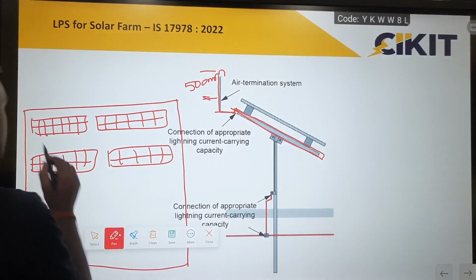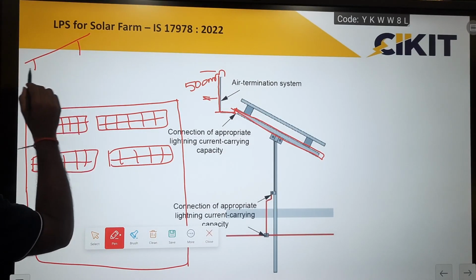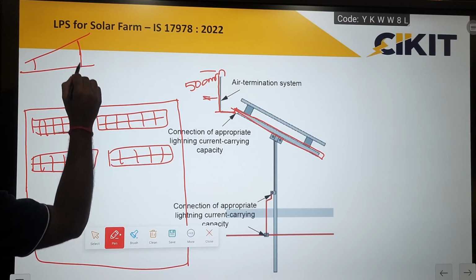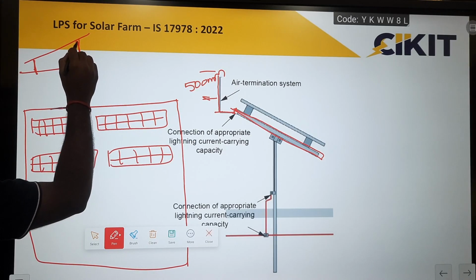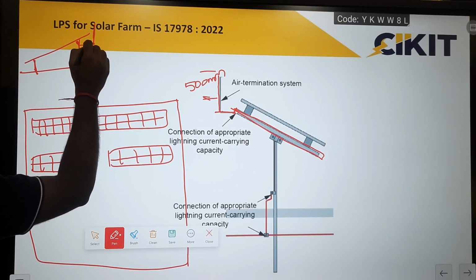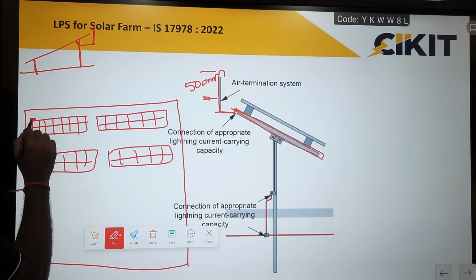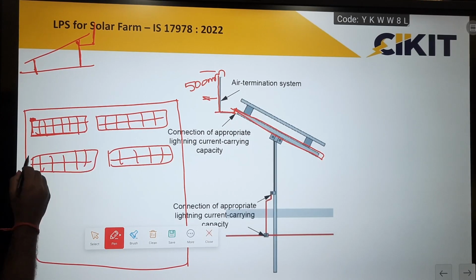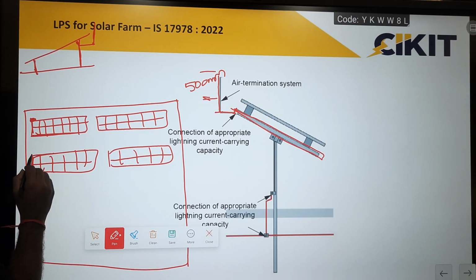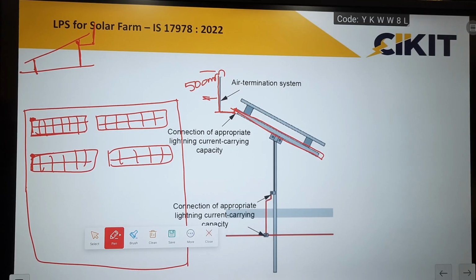In this case, one side will be at a lower height and another side will be at a different height. So this will be the highest one, and one side will be the lowest one. If I am placing laterals, then I have to go for the highest one. So if you consider this point as higher, then I cannot place this lateral on this side because this will be the lower side. Another point I can place is the top side of another row. So like this only I can place.